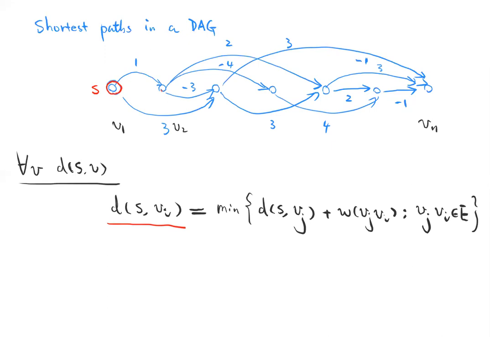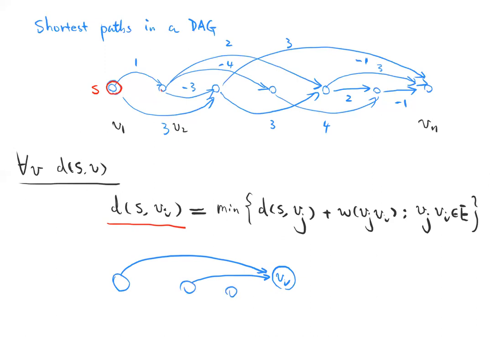It's very simple, very easy to obtain, right? What we have is this vertex Vi. For each in-neighbor of Vi, any path can go through any of these vertices.